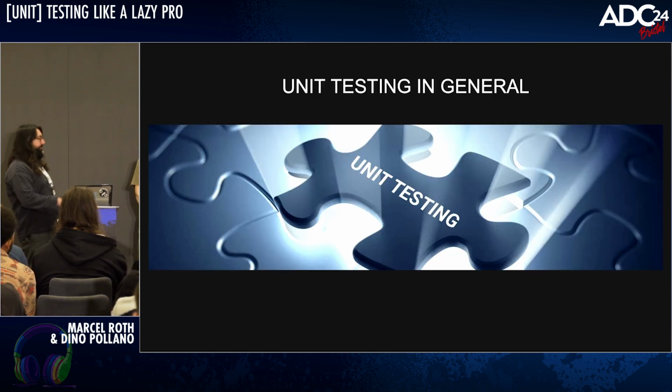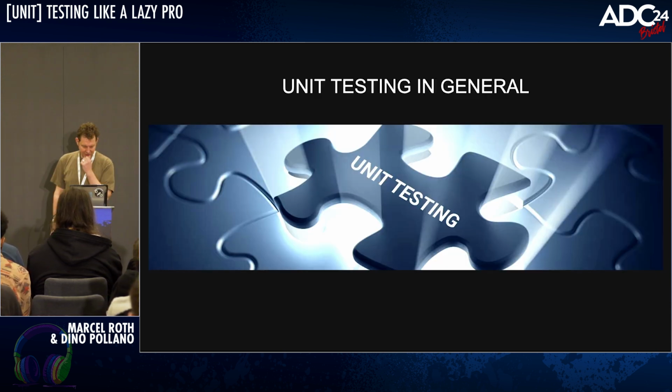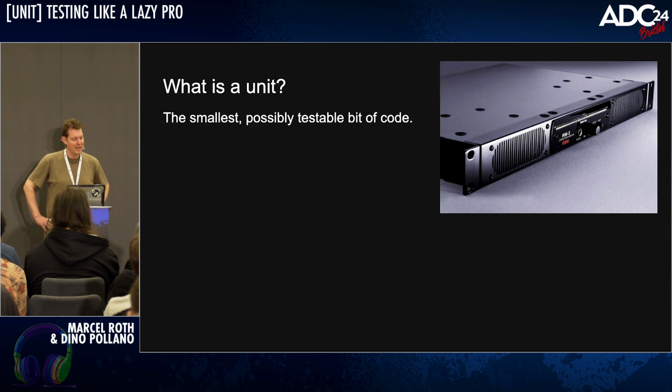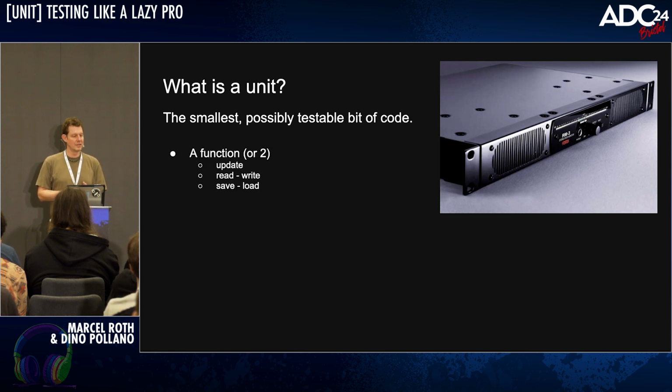So, unit testing. To talk about unit testing in more general terms, let's first start with what is a unit. Basically, the idea is it's whatever you have as the smallest possibly testable bit of code. It can be a function, such as the update function.